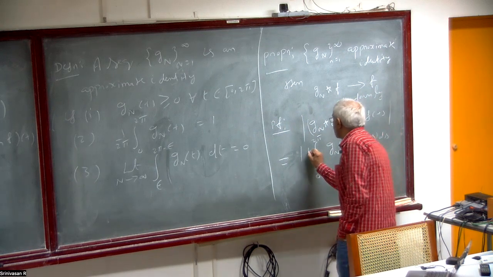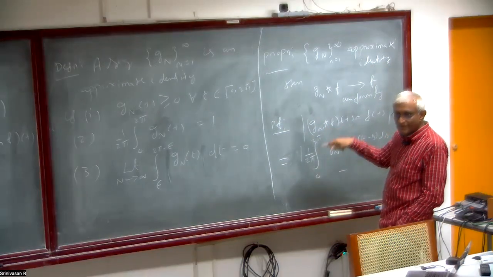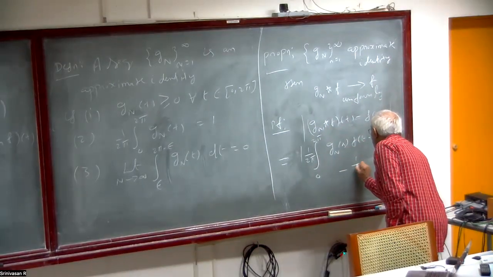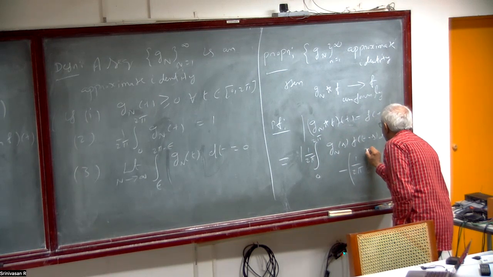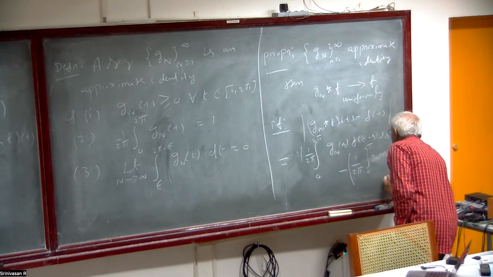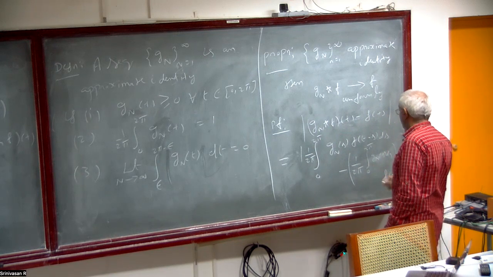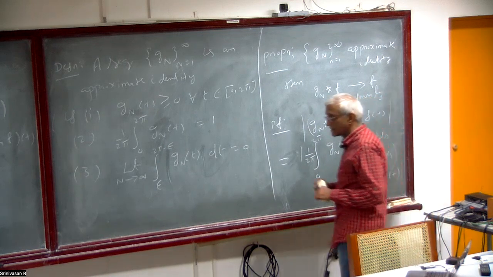Yeah, 1 by 2 pi is here. In the definition, when you define this g_n star f, there's a 1 by 2 pi. Minus, instead of 1, I write this, f of t. Instead of 1, I have just written that.